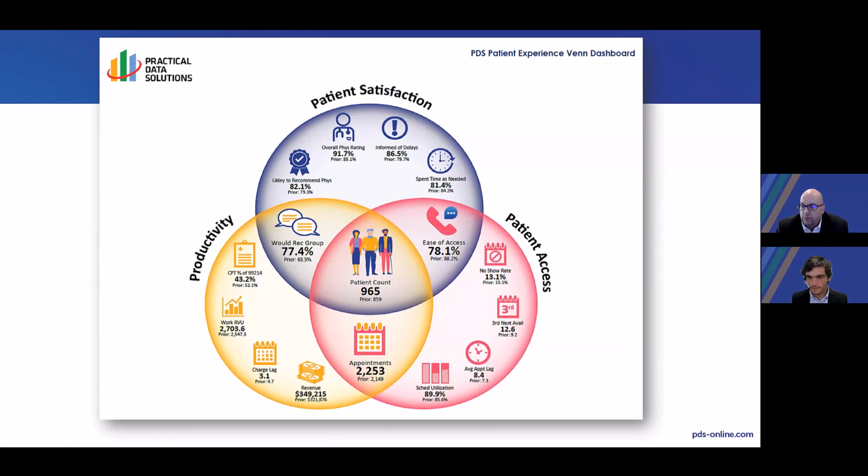We need to make sure that our providers are accessible, and that we're being productive that way. But we also need to make sure that we're being productive and financially responsible so that we can be there for our patients when they need us. And so really looking at all of this speaks to what we say: take care of the patients first and everything else falls into place.